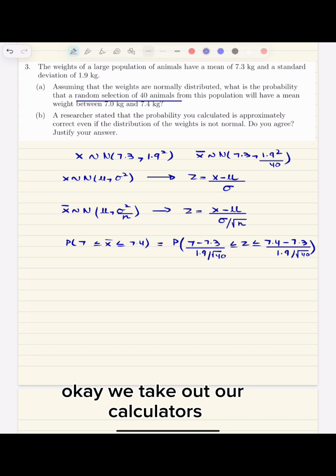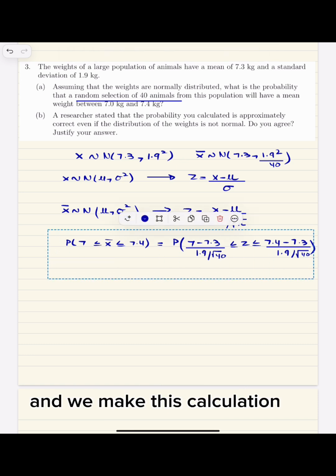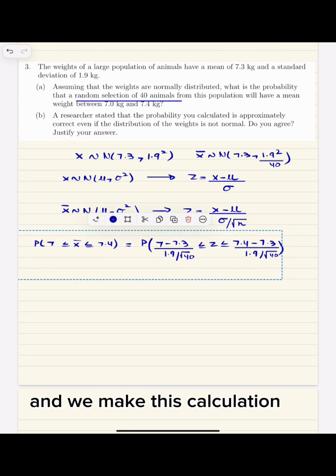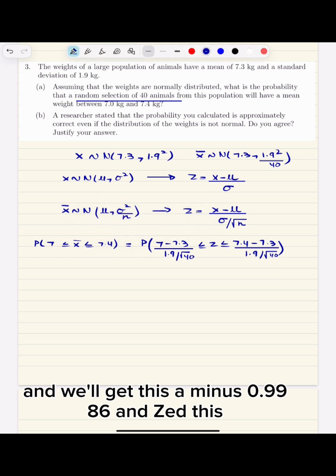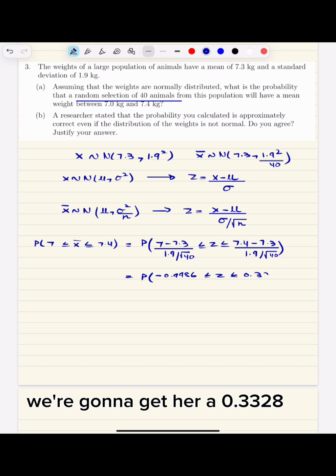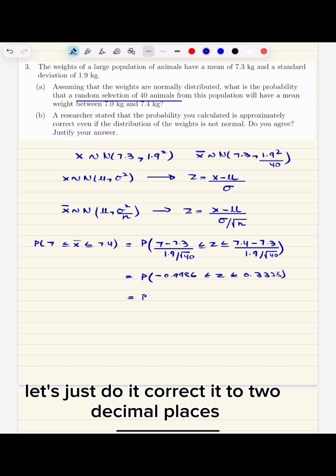Okay, we take out our calculators and we make this calculation, and we'll get this minus 0.9986, and this z we're going to get a 0.3328. Let's just correct it to 2 decimal places.